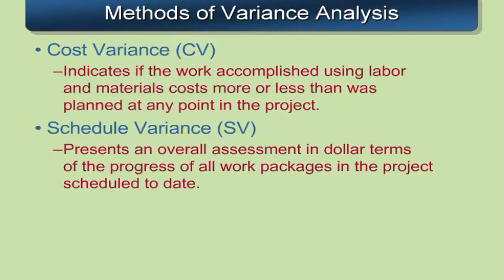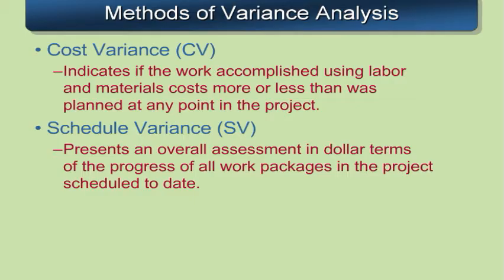In the previous slide, I talked about the cost variance and the schedule variance. So let's talk about that one more time here. The cost variance indicates if the work accomplished using labor and material costs more or less than was planned at any point on the project. So a positive variance means that we're ahead of the plan, and negative variance means we're behind in our plan of our deployed costs.